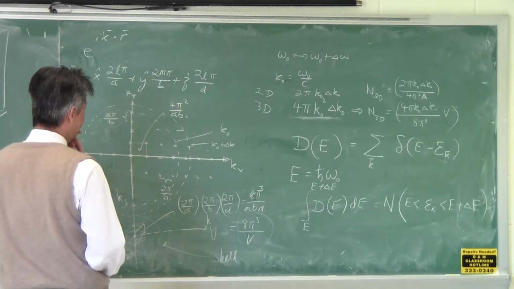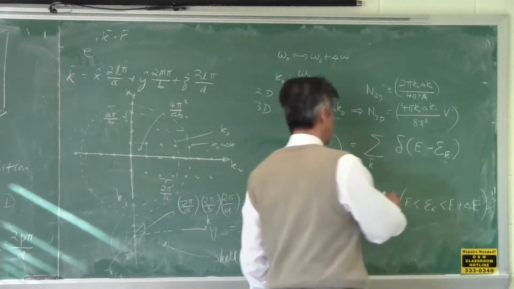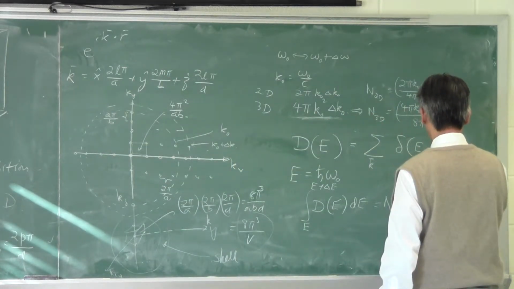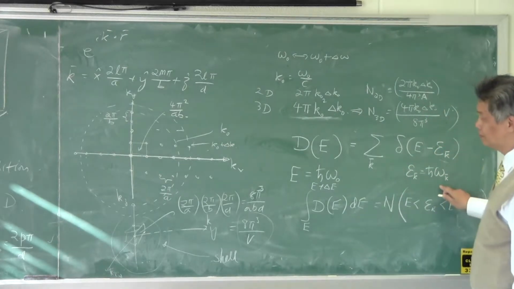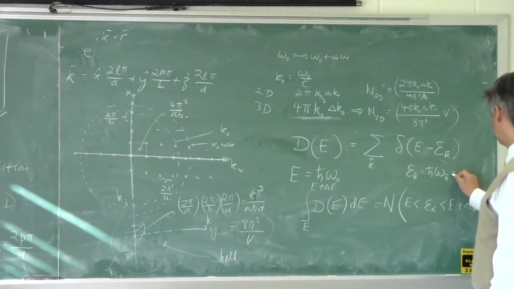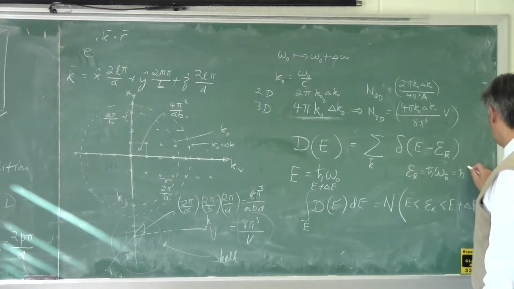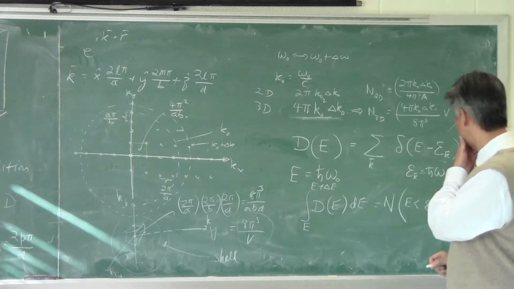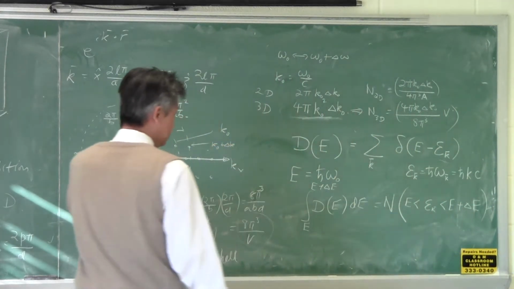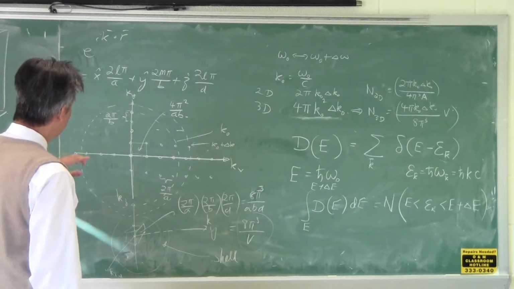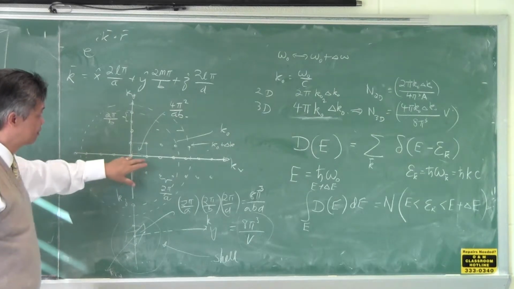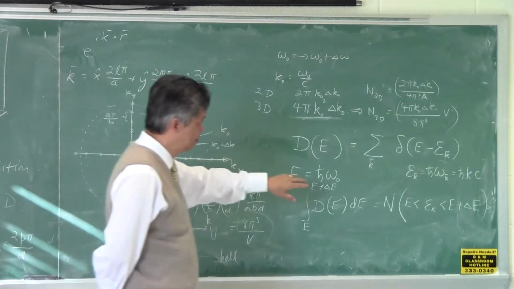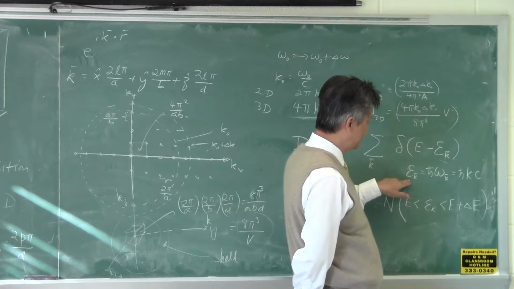So I would write E sub k is h bar omega sub k, the resonance frequency of that particular mode, which is h bar k c, since k is omega over c. So for each of these modes, it will have a corresponding resonance frequency, and that resonance frequency has a corresponding energy value.